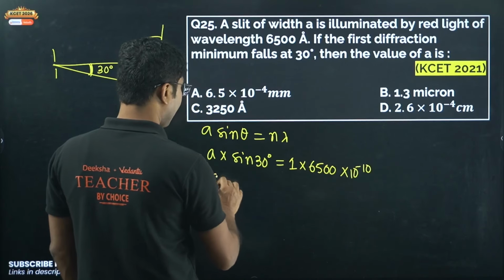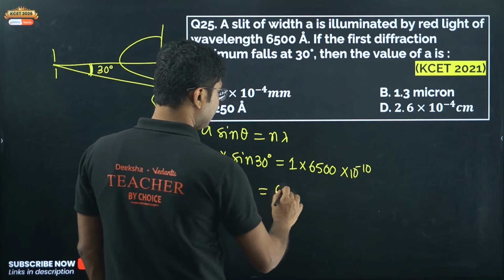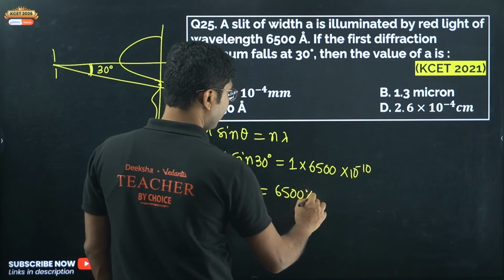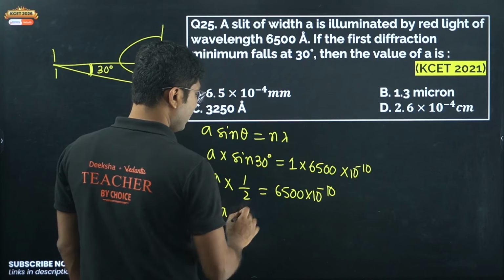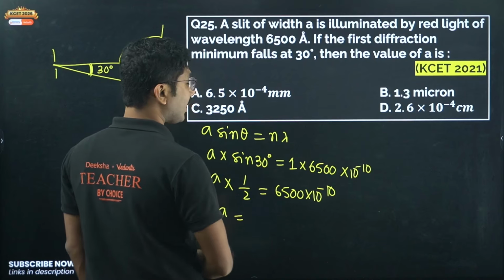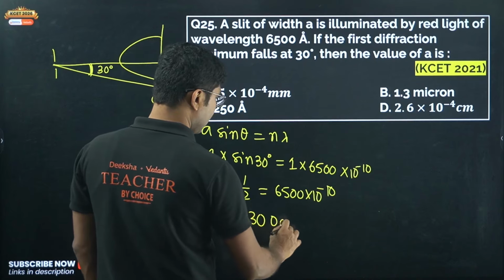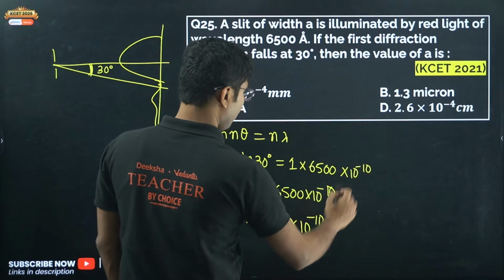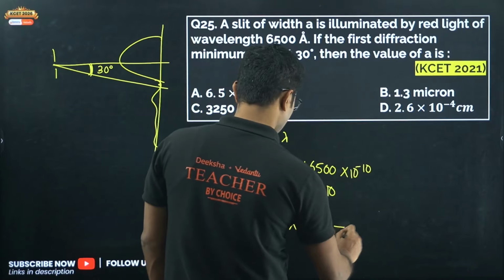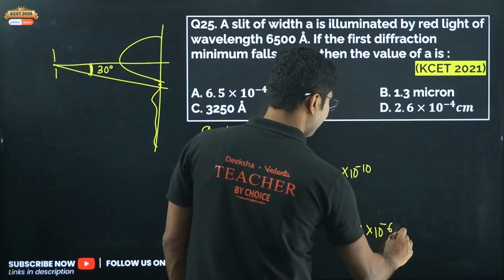Or a into half equals 6500 into 10 to the power of minus 10, or a equals 65 into 2 is 130, so 130000 into 10 to the power of minus 10. So we can write this as 1.3 into 10 to the power of minus 6 meters.